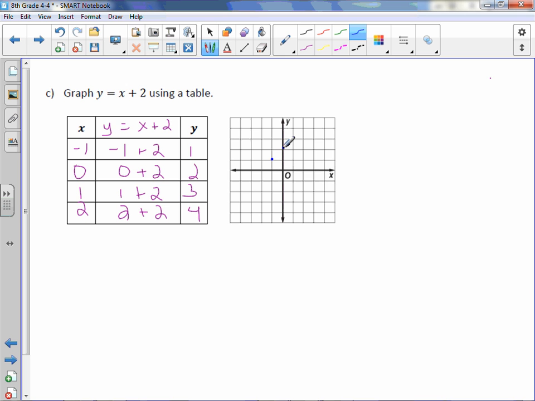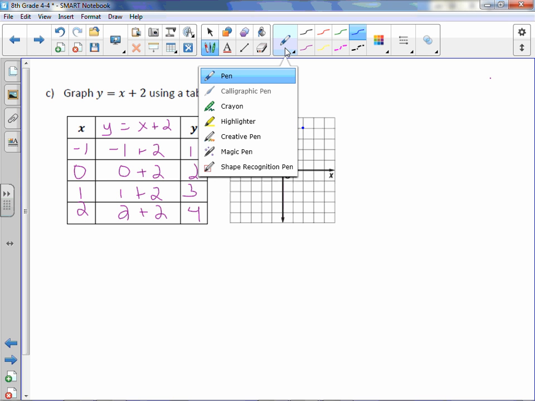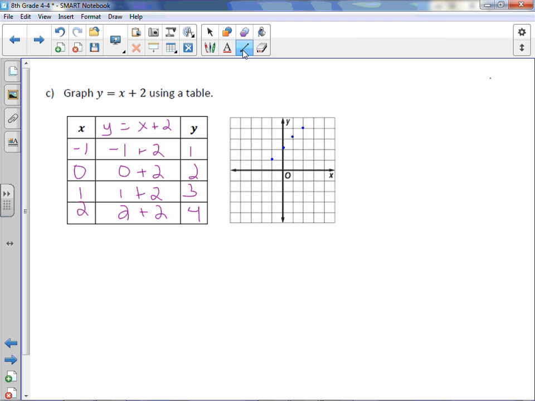Zero, 2. 1, 3. And 2, 4. And since this is simply a line, has no other meaning to it, we can draw a straight line with arrows through the graph.